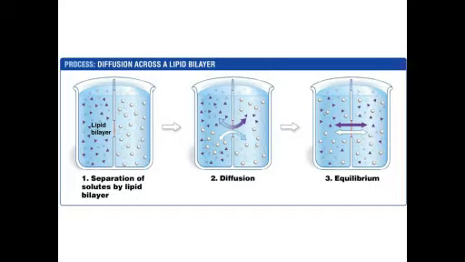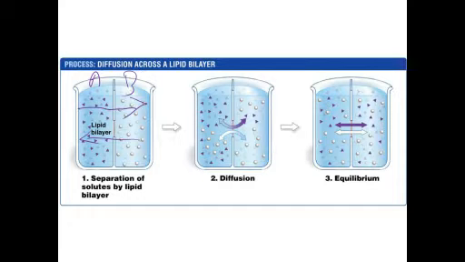So that's what's being shown here. You have a bilayer. You have a solute particle on this side, and another type of solute particle on this side. And the bilayer is freely permeable to both solutes. So that means initially solute A moves to the right, and solute B moves to the left.